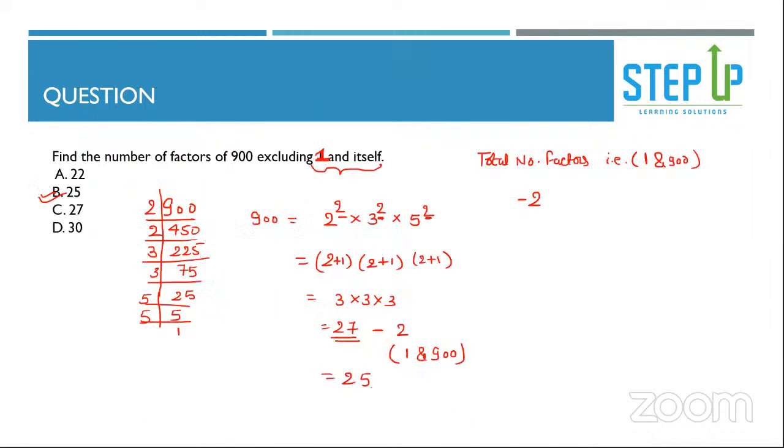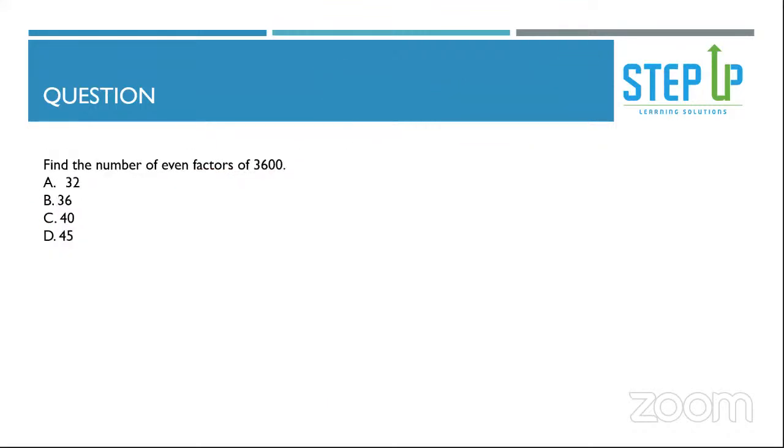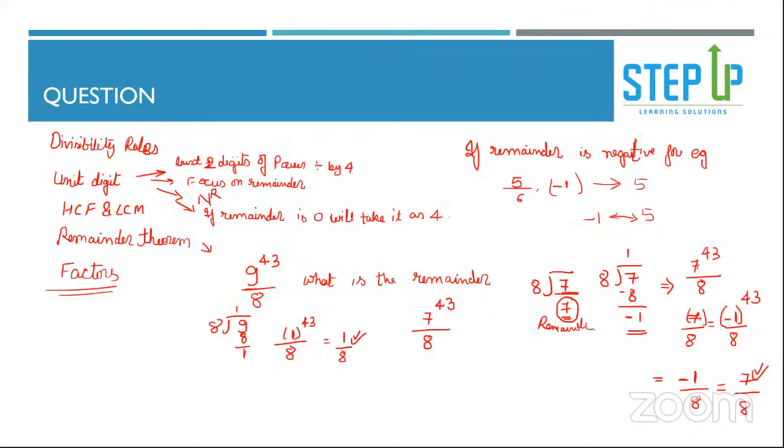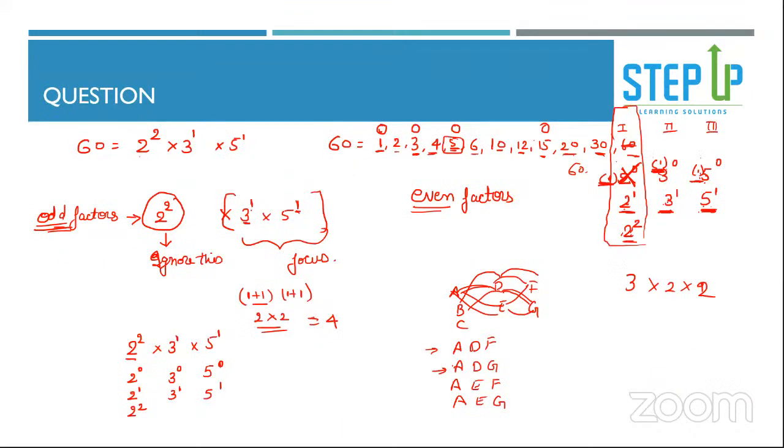Okay, so coming to this question, let's talk about 60 only. For 60, what is the total number of even factors? I'll write it as 2 to the power 2 into 3 to the power 1 into 5 to the power 1.